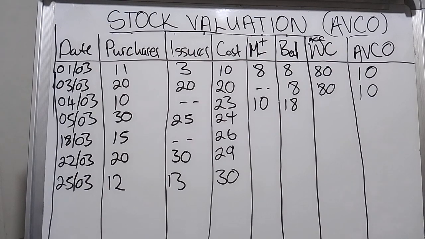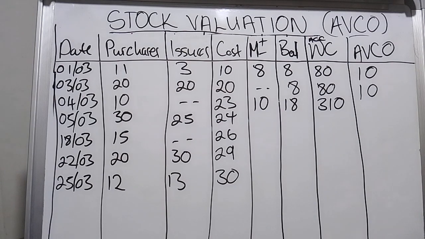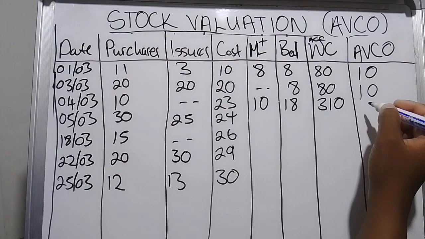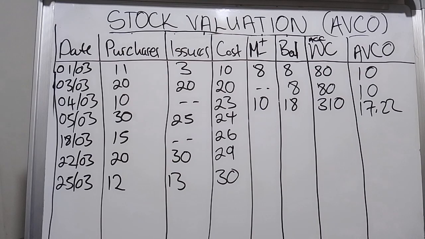That 230 we add to 80 to obtain 310. Now to get the new average cost, we have to divide 310 by 18. 310 divided by 18 will give us 17.22. I'll just leave it at 2 decimal places.